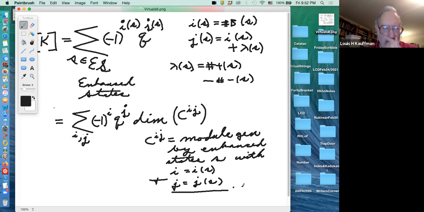Just a tautology. In other words, I'm saying for every I and j, it may or may not be the case that I get a term of the form minus 1 to the I, Q to the j. If I do, there might be many of them.